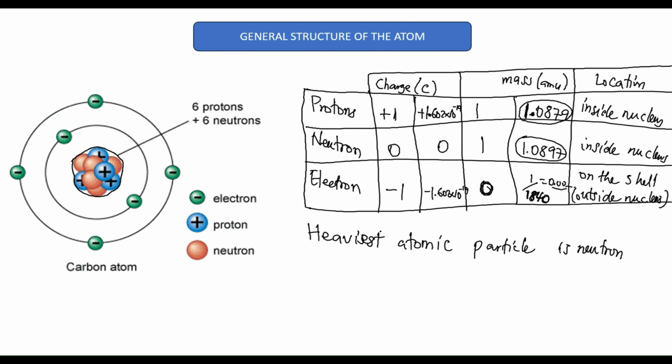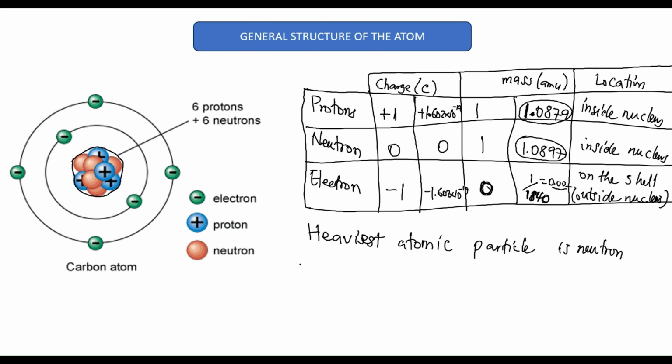But electrons on the outermost shell don't have relative mass, so zero. They play no role in mass. They are found on the shells, freely moving around, while the mass of the atom is concentrated in the nucleus. So if you want to measure the mass of this atom, you are basically measuring the mass of the nucleus.